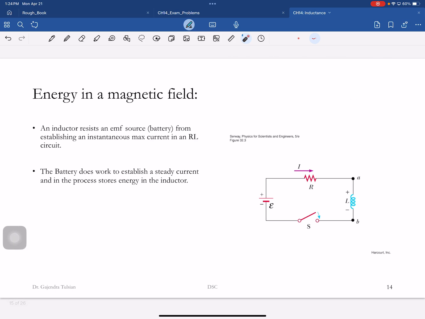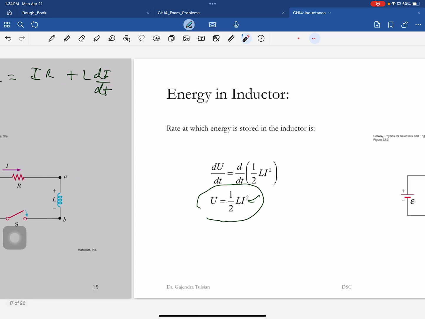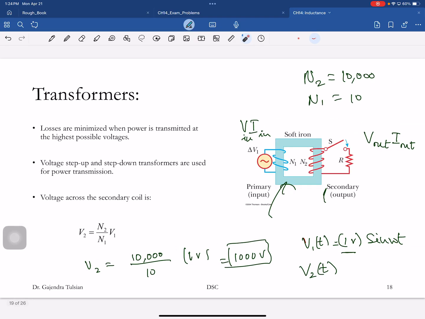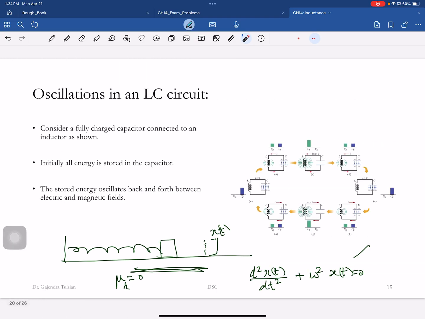And then we saw that in an inductor, energy is stored in magnetic fields produced by the inductor. Mutual inductance is used in transformers, and here's an oscillating circuit.